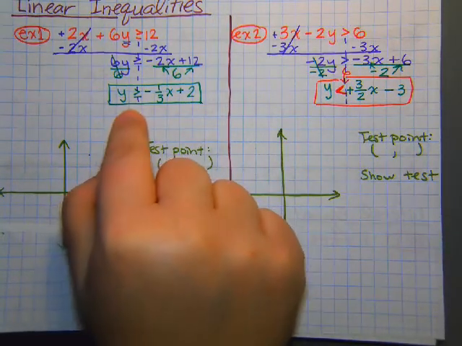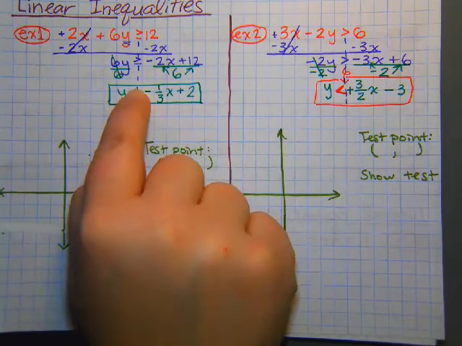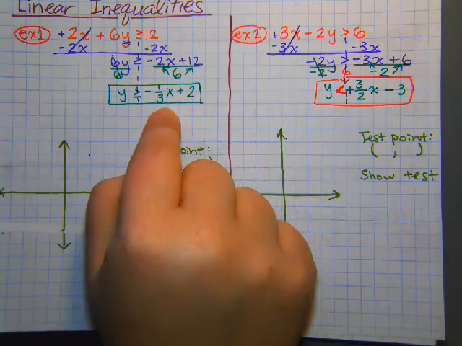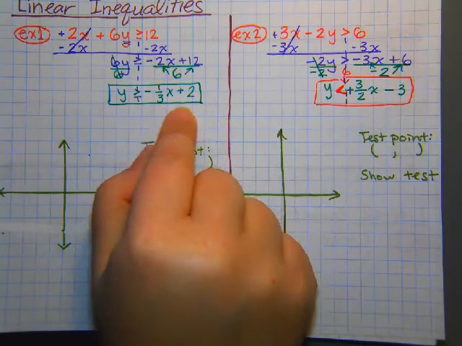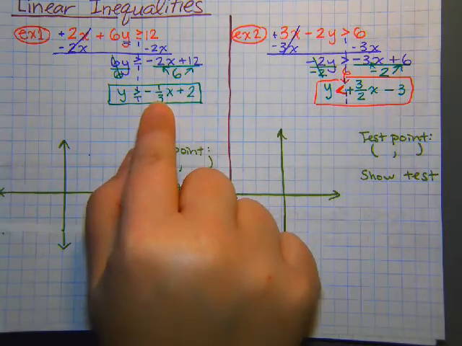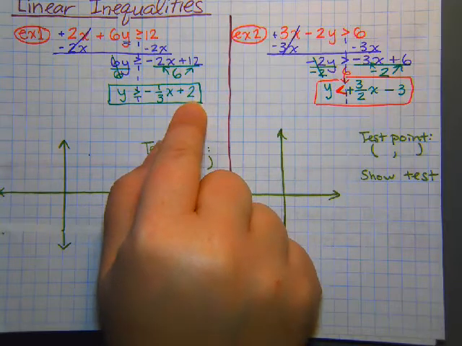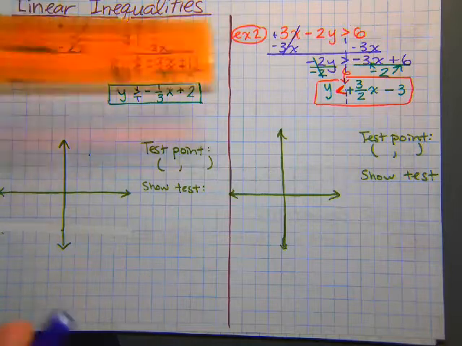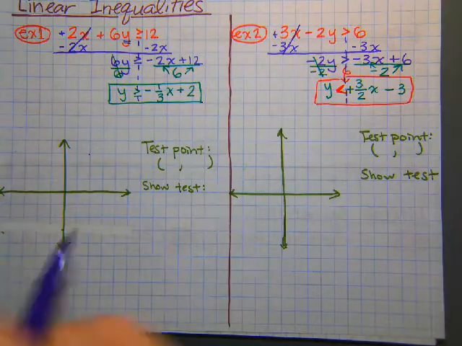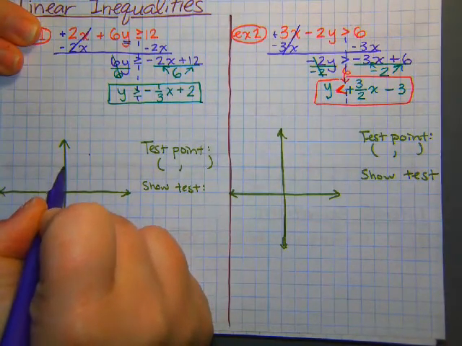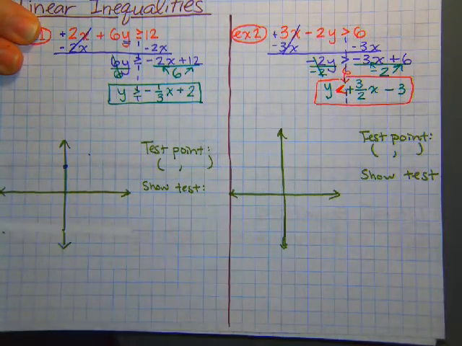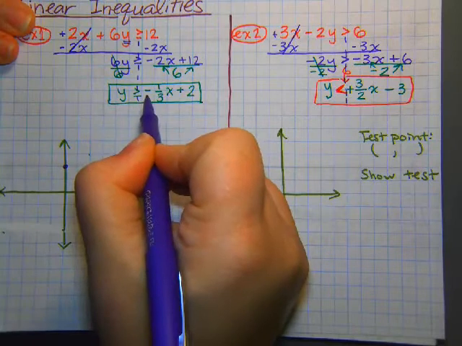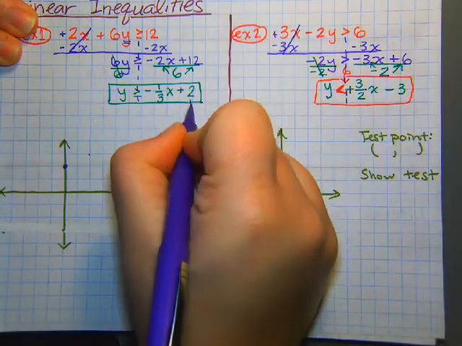So the first thing I'm going to do is actually just pretend that's an equal sign. I'm just going to ignore it for now. And I'm going to use the y equals mx plus b to know where to start and then how to move from there. So this is my y-intercept. That means I'm going to start on my graph on the y-axis at 2. We're just going to scale this by 1 so you don't have to write anything, and there's my 2. Now, this is negative 1/3.